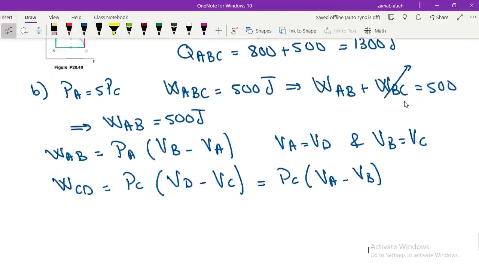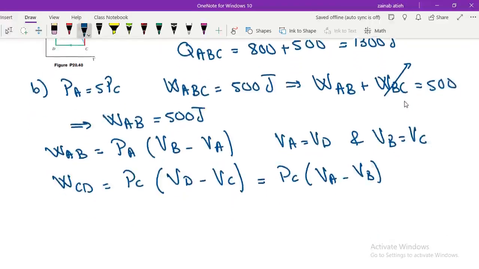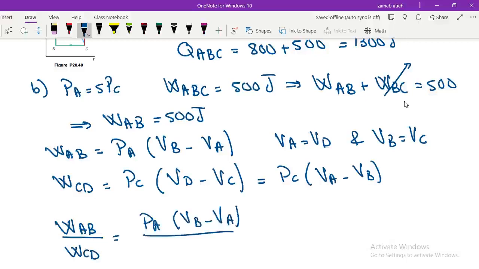So let's divide the two equations together. I will divide the work of AB by the work of CD. It's equal to PA times VB minus VA over PC times VA minus VB.